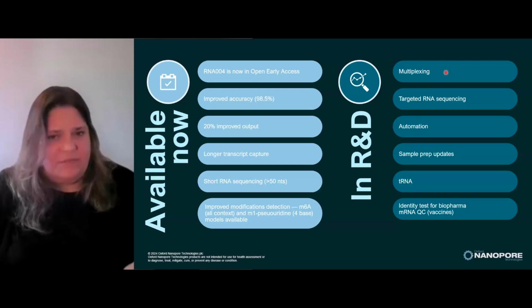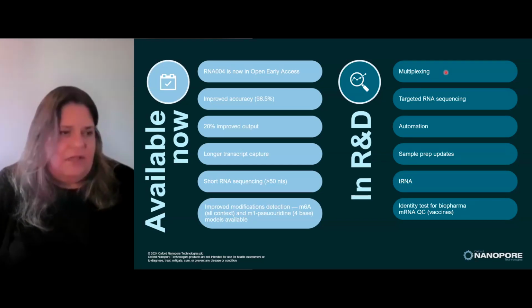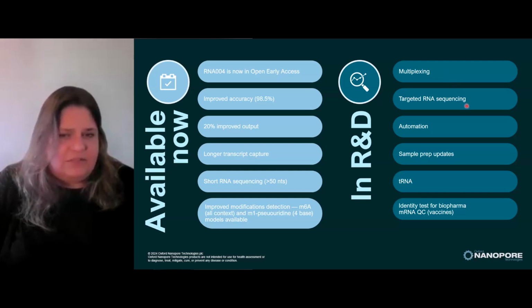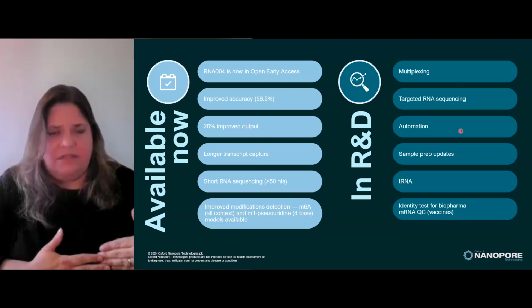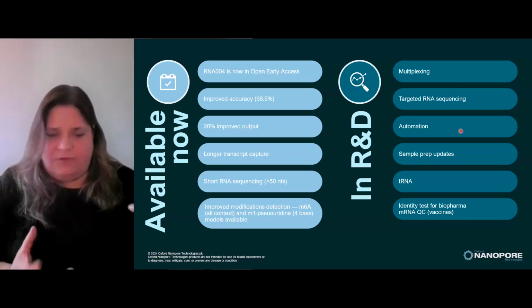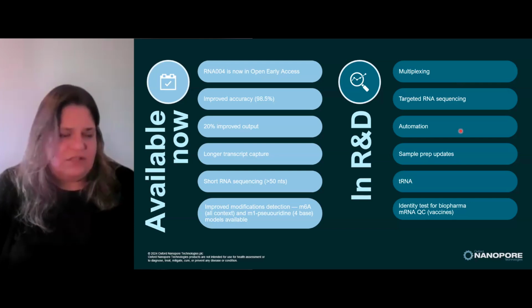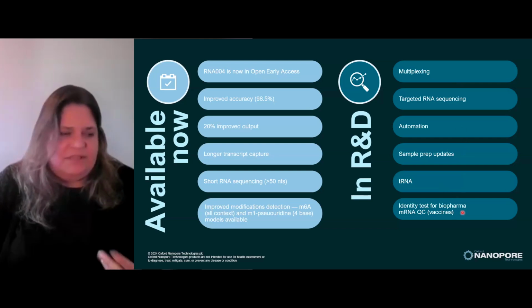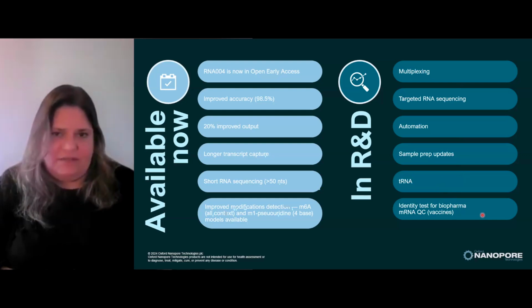We don't have an estimated time for release of that, but it's sooner rather than later, right? Targeted RNA sequencing is something that we're interested in, automation as well. So we're getting this onto our Elysian, as well as things that are available for third-party liquid handling machines. Sample prep updates always. We're working on tRNAs at the moment. And again, the identity test for biopharma mRNA vaccine, which is what I just spoke to you about 3 slides ago.